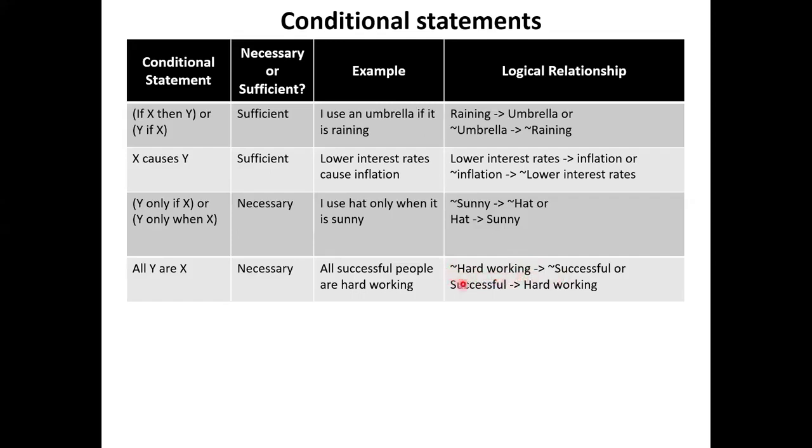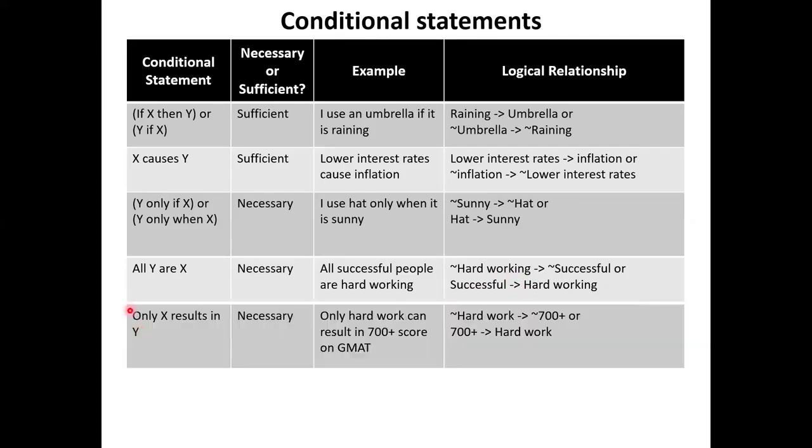If a person is not hardworking, Andrews, very nice, then that person cannot be successful. From this, arriving at this, no-brainer. Why no-brainer? Because it's just a contrapositive. And how are contrapositives constructed? Whatever is on the right comes to the left. What is on the left goes to the right. This minus becomes this plus. This minus becomes this plus, which means if a person is successful, it 100% means that the person is hardworking.